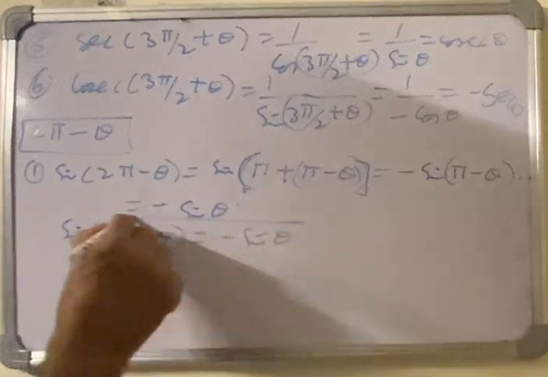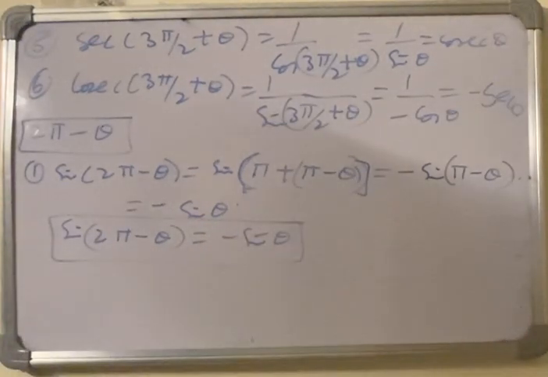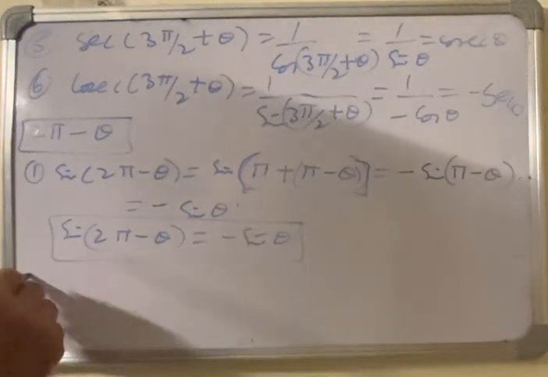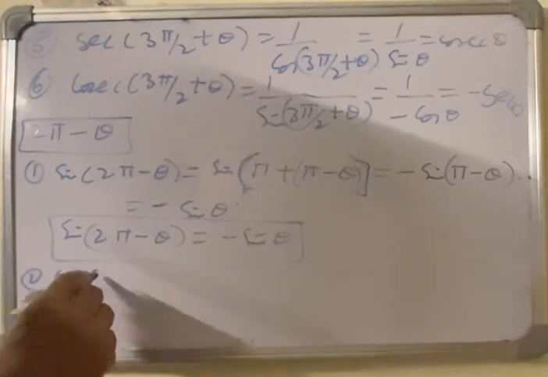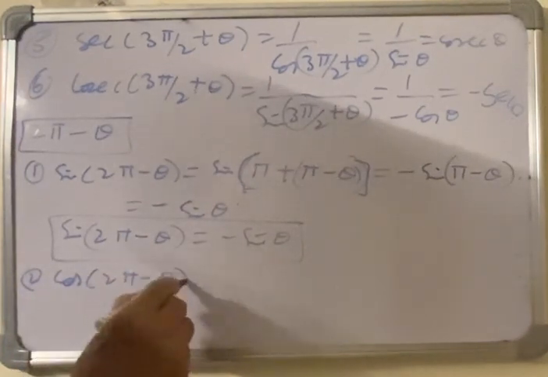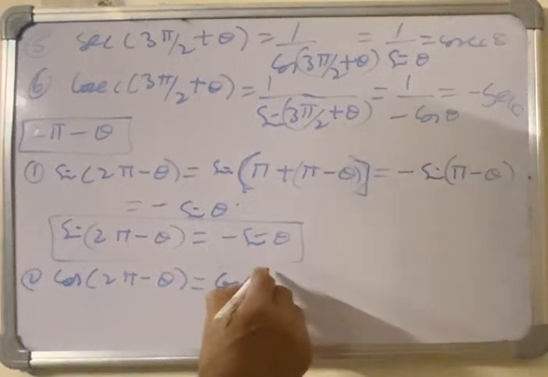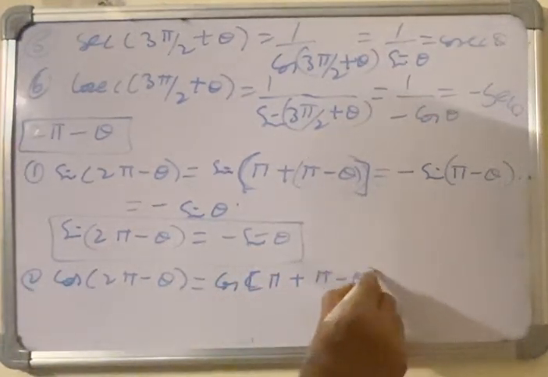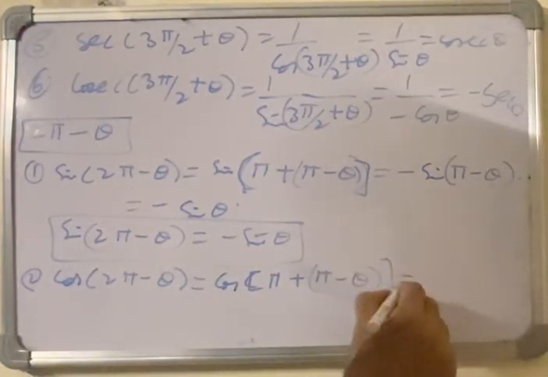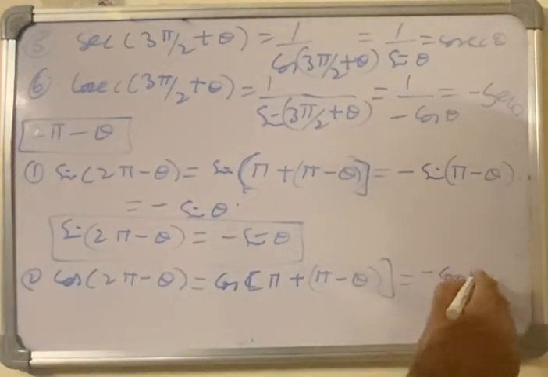We have seen that in case of 2 pi minus theta, sine does not change. It remains same, sine to sine. But it is negative. Second, cos 2 pi minus theta is equal to cos pi plus pi minus theta. In third quadrant cos is negative, minus cos pi minus theta.